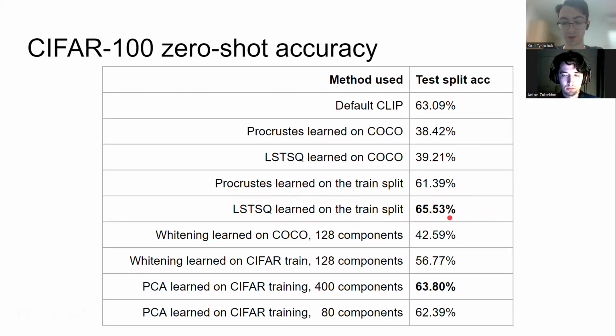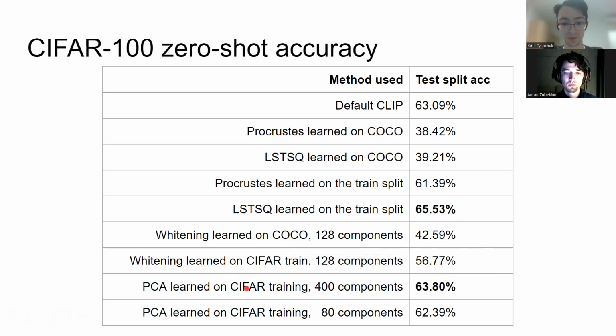And also, we studied the whitening and the compression. So the whitening compresses the space while also making the embeddings more isotropic, and the PCA just gets rid of the last some components, and so just compresses the data by orthogonal projection. And we can see that the whitening does not hurt the accuracy too much, but still the accuracy drops.